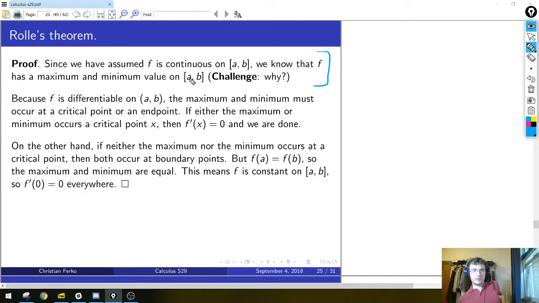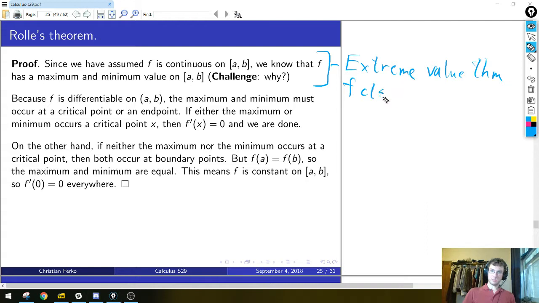What result do we use to guarantee this is true? It says this has to do with the extreme value theorem. Yes, this is precisely the statement of the extreme value theorem. Why is that? I'll write the statement again in abbreviated form. f continuous on [a,b].